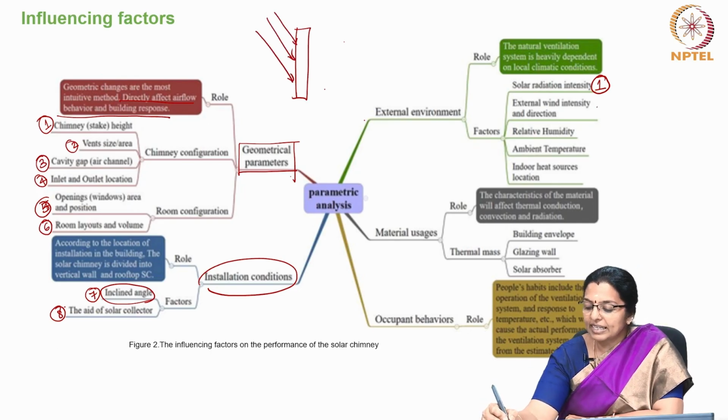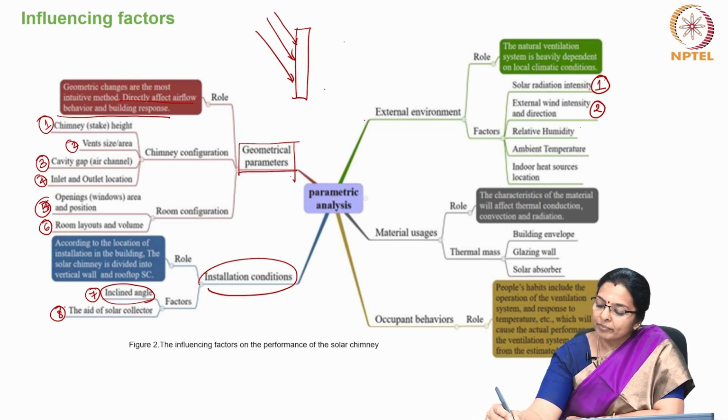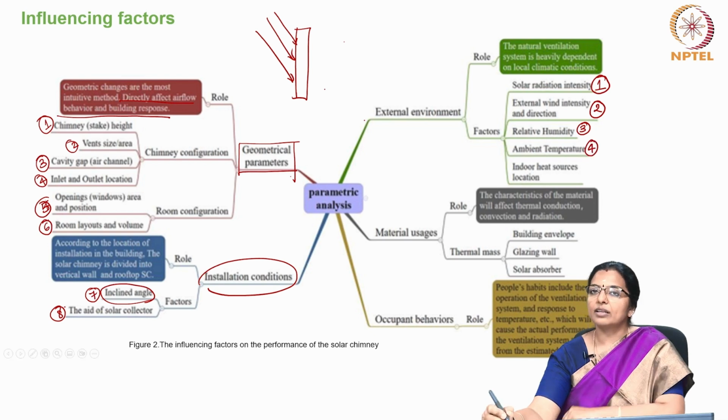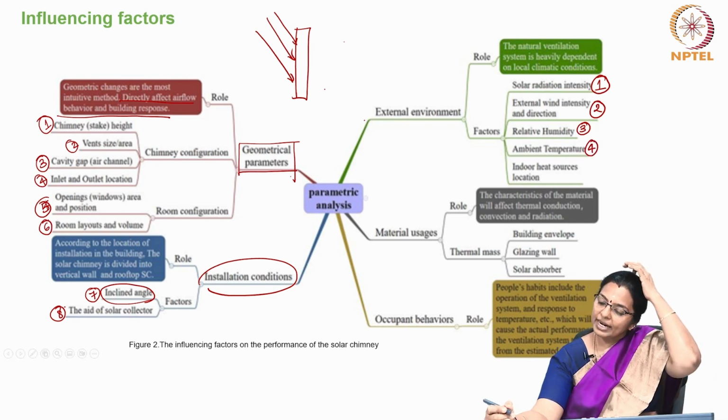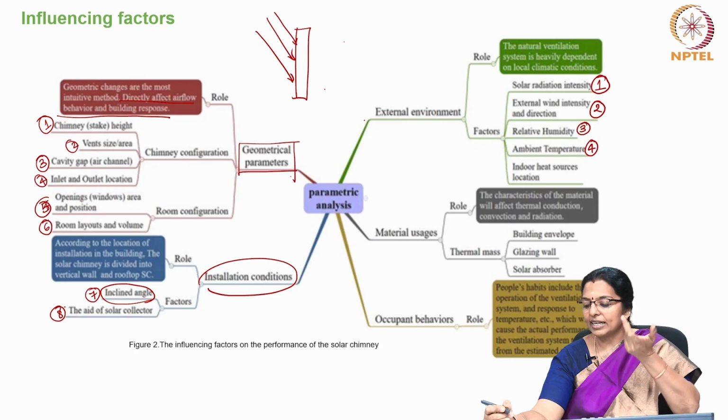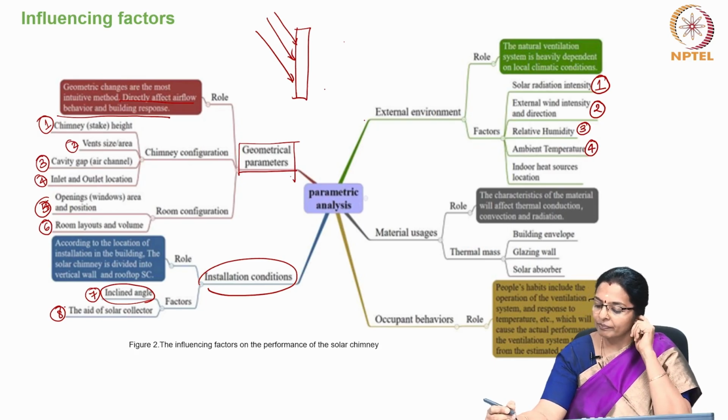External wind intensity and direction, which could dissipate the intensity of solar radiation. Third is the relative humidity. Fourth is the ambient temperature, whether the outside temperature is 49 degrees centigrade or 18 degrees centigrade, it matters.